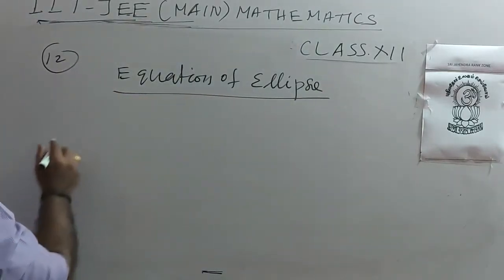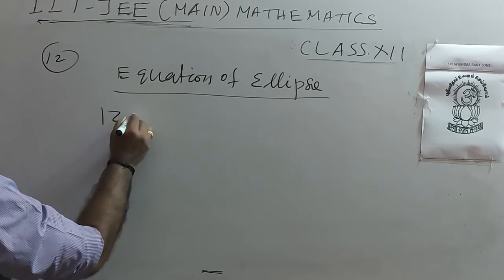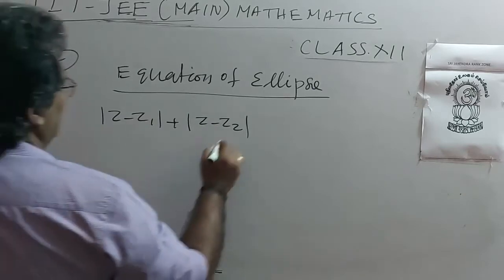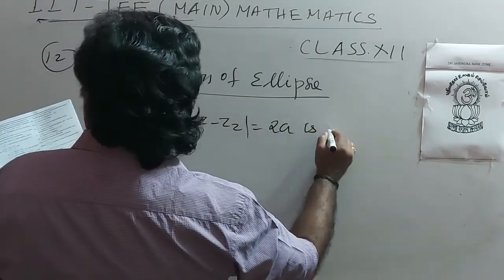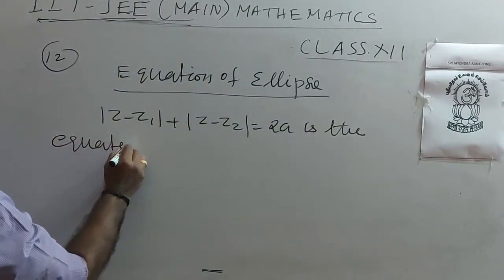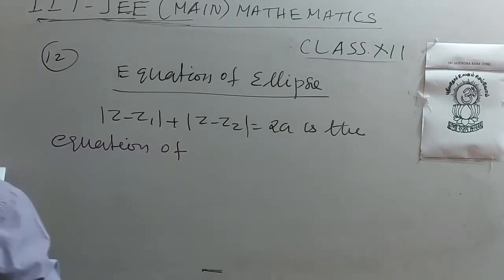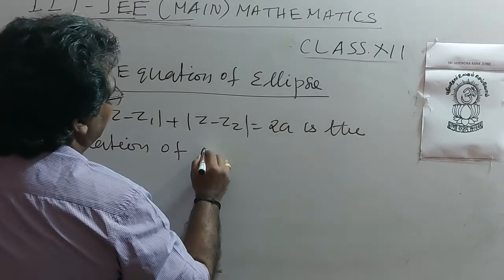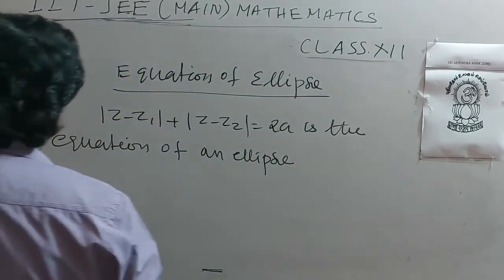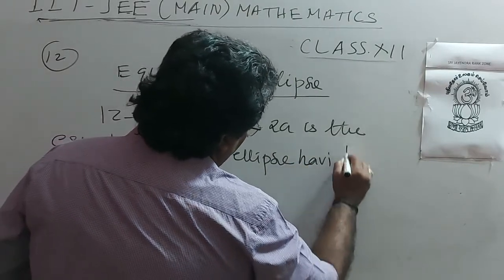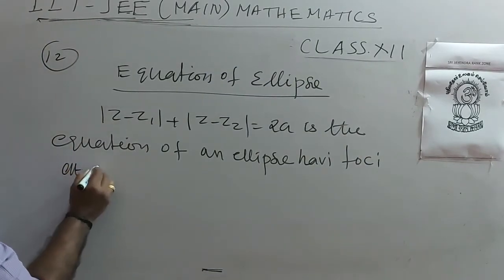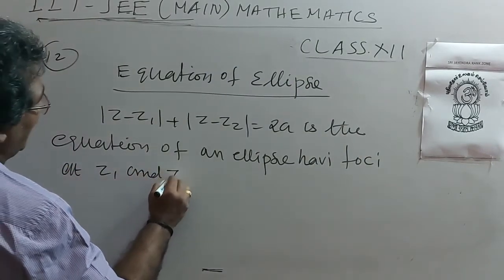Equation of ellipse. Modulus of z minus z1 plus modulus of z minus z2 equal to 2a is the equation of ellipse having foci at z1 and z2.